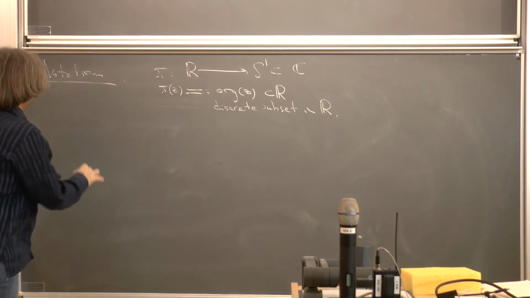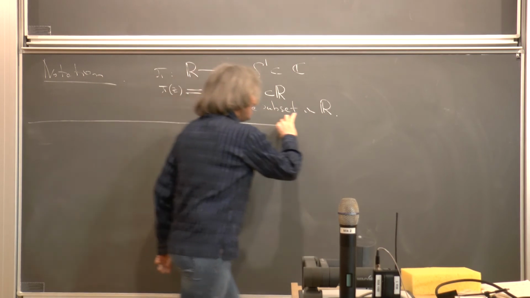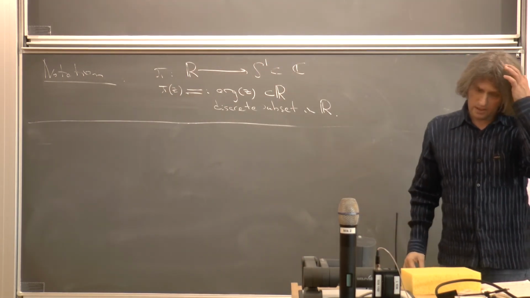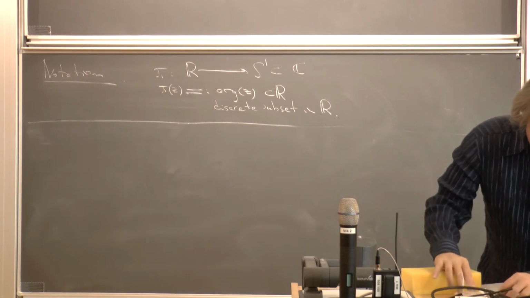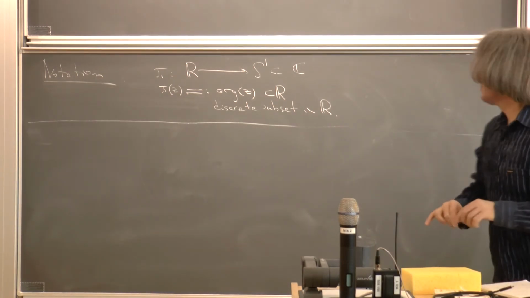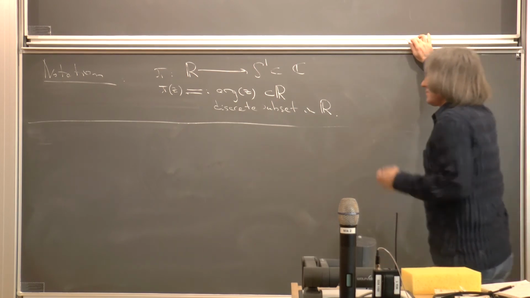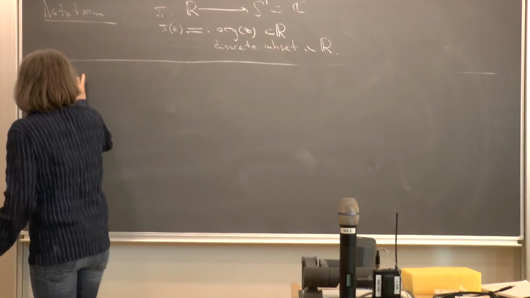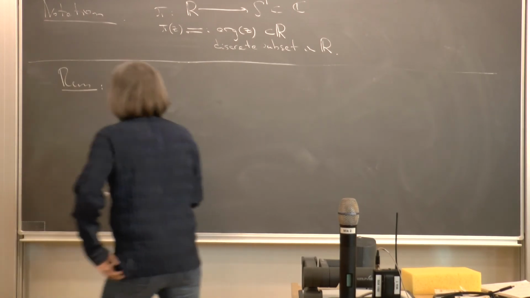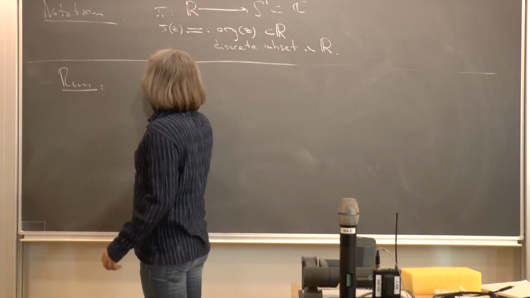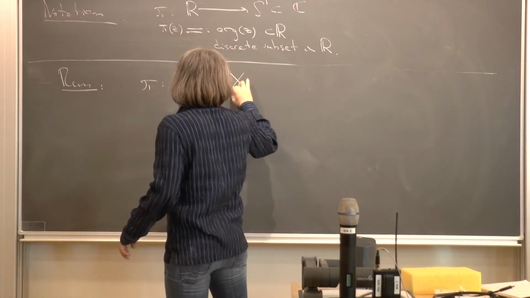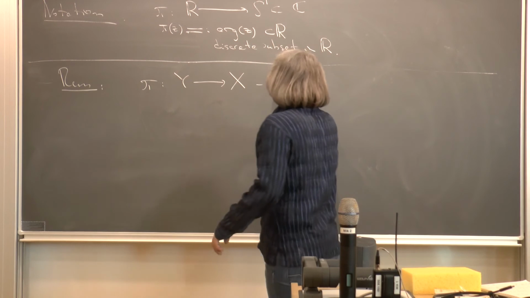Okay, so having spoken about this, let's move on with the small observations and with the dictionary. So, a very small observation. Suppose we have a map, pi, from Y to X, which is a homeomorphism.